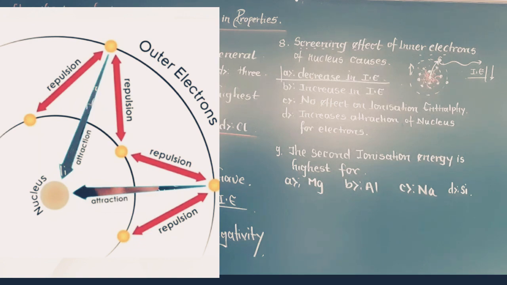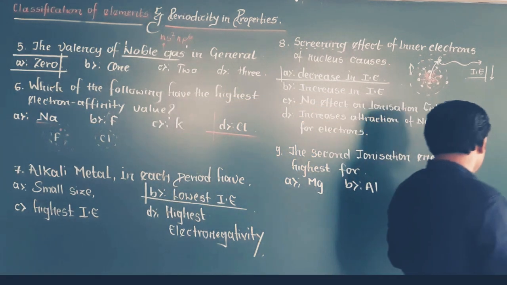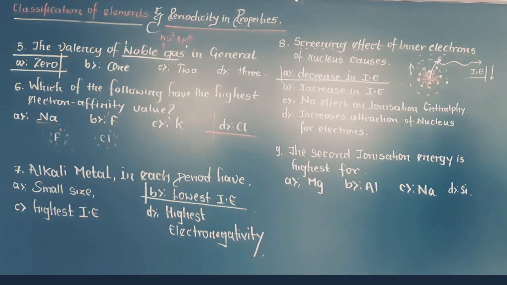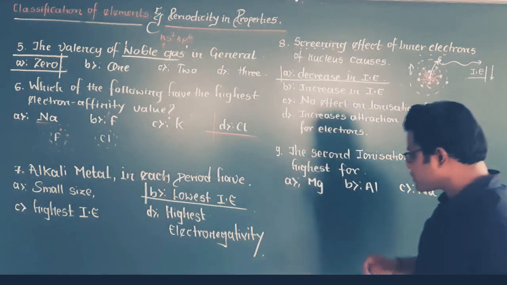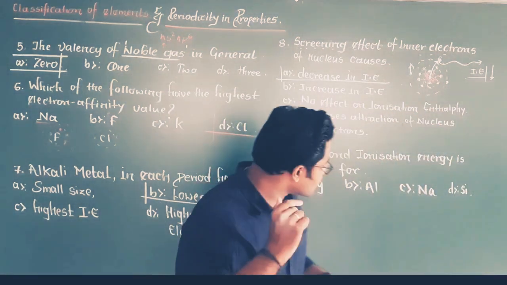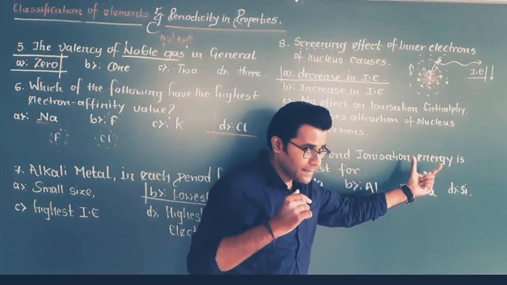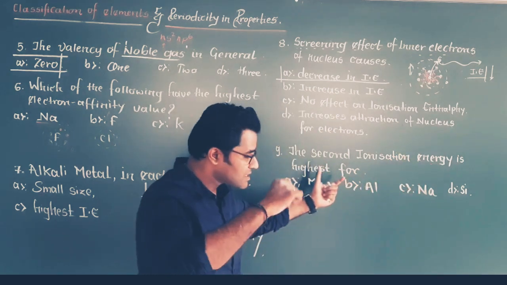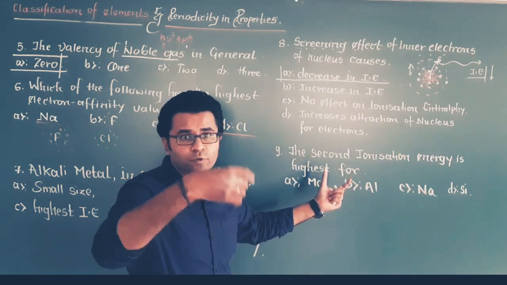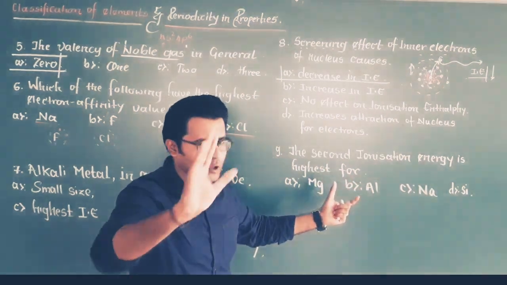Going forward with the next question, the second ionization energy is highest for which one? First one is magnesium. Now they are asking us about ionization enthalpy, right? That means how much amount of energy is required to remove the outermost electron. It's quite logical.